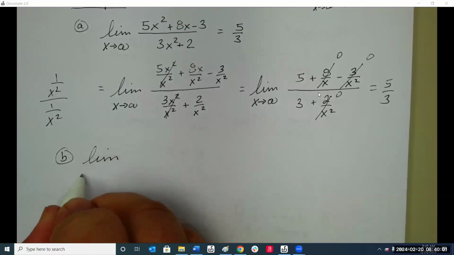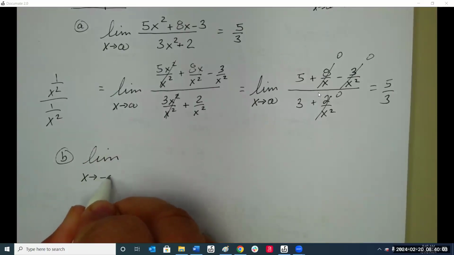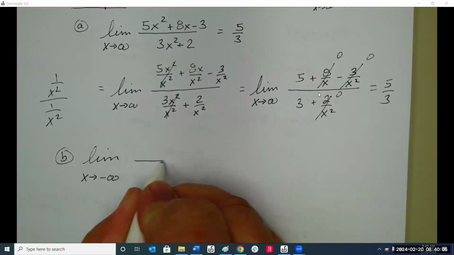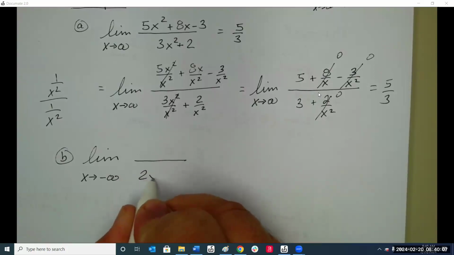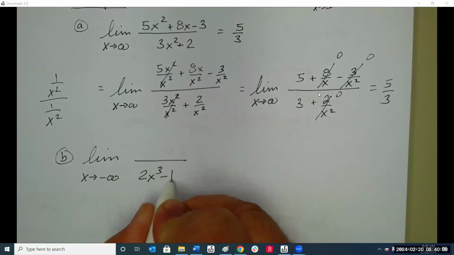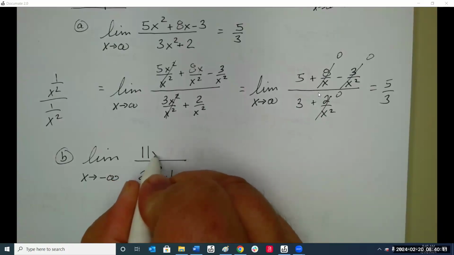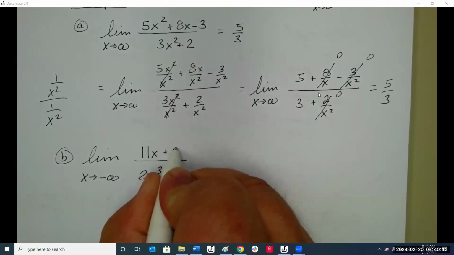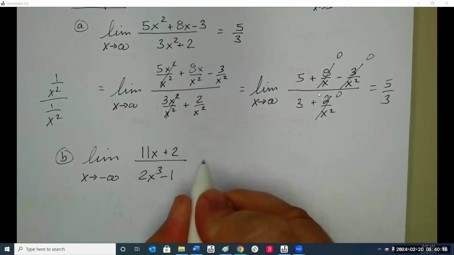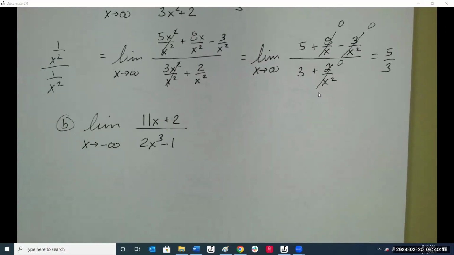The limit as x approaches negative infinity of 2x cubed minus 1 over 11x plus 2. So go ahead and work that out and tell me what the answer is.